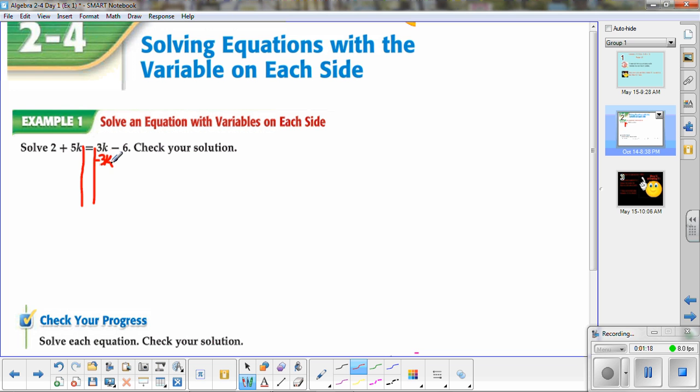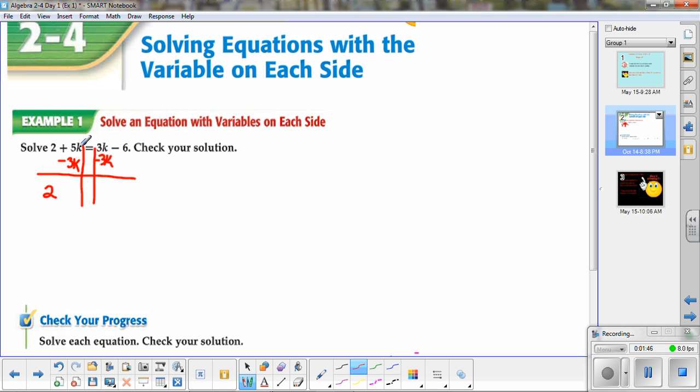If we subtract 3k from the right, we also need to subtract 3k from the left to keep the two sides equal. When I write minus 3k on this side, I'm going to write it underneath the k's since those are like terms. Now over on the left side, this 2 is still going to be there.